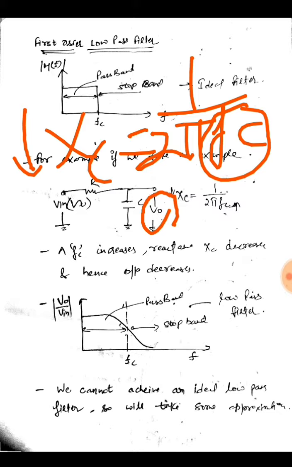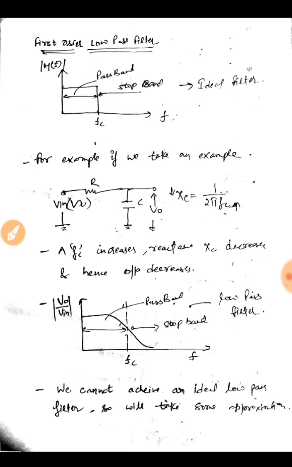As I increase the frequency, it will start stopping all these higher frequencies. So it can pass only up to a certain frequency, that is the cutoff frequency fc. In the practical form, as I increase the frequency, the reactance decreases, the output starts decreasing, and slowly it will come out to be 0. So this is a non-ideal or the practical form of a low pass filter.